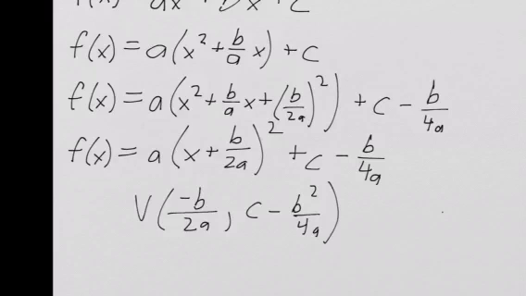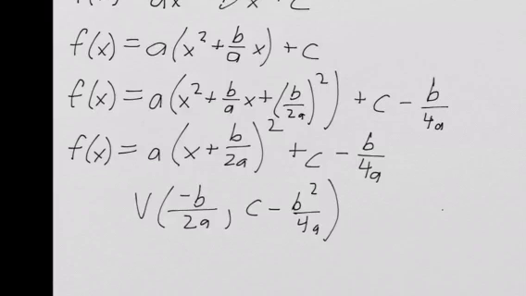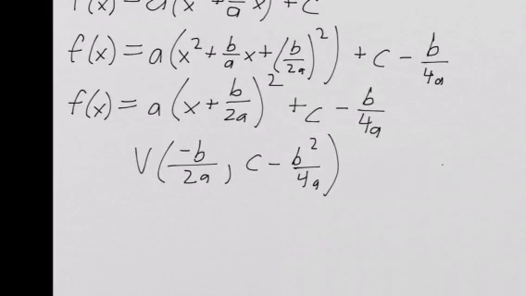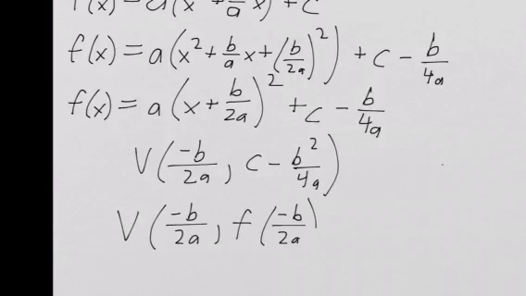However, memorizing that c minus b squared over 4a is kind of useless. We established the x-coordinate of the vertex, and the y-coordinate has to be a point on the graph. So instead, we can memorize the vertex as being minus b over 2a, f of minus b over 2a.